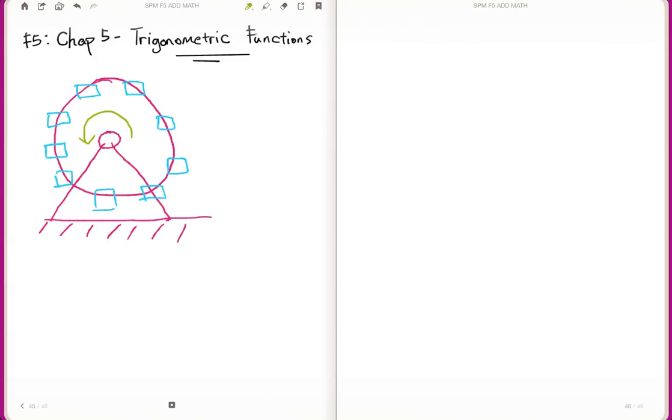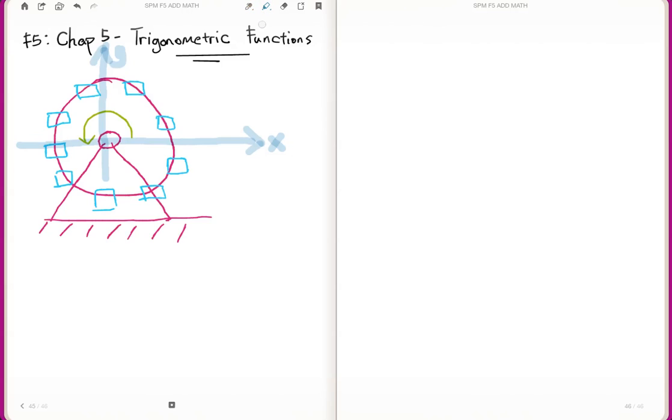Now, for the same concept, for example, if I were to create a Cartesian system, where on the right-hand side here is my x, and vertically, crossing at O, here is my y. What will I find?